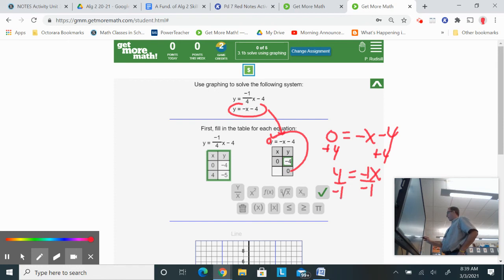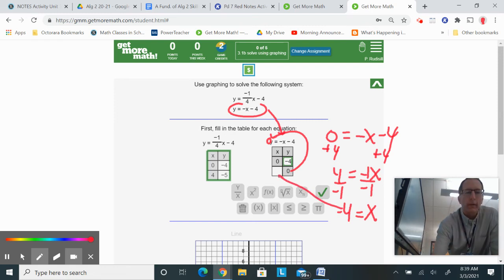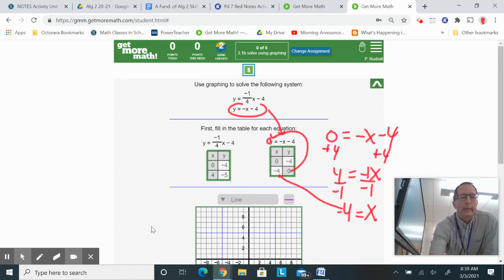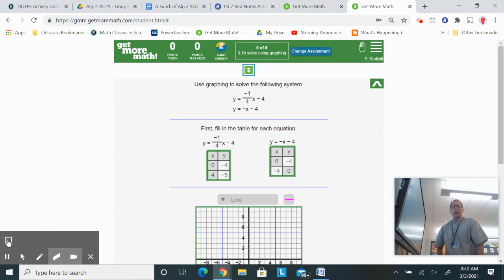I get 4 divided by negative 1 is a negative 4. I get an x here, so my x has to be a negative 4. So I tap that in there. Let's see. Negative 4 is there. Hit the green check. Good. So it turned green. So I know I have the correct ordered pairs. So let me slide this up.